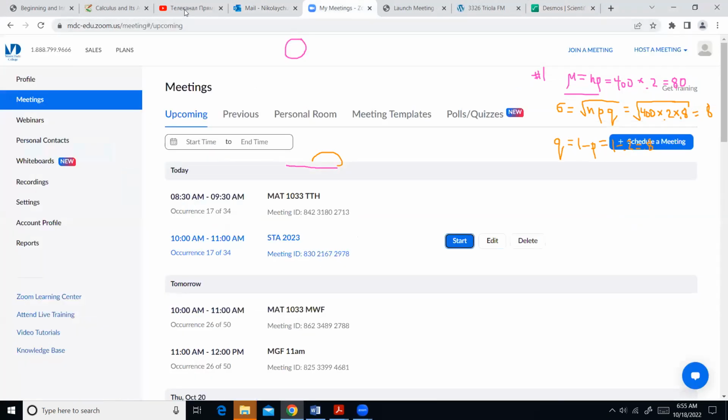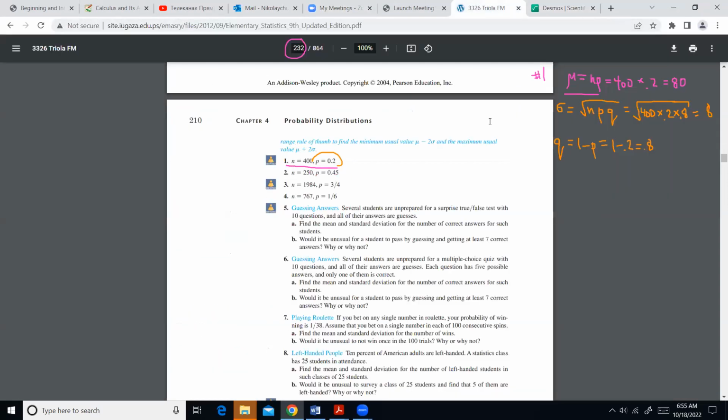So where's my book here. We actually asked in this exercise to look at the mean and 2 standard deviations. So they decided to go from 80, which is a center, the mean for this distribution, to the right by 8, and you get 88, and if you add another 8, it'll be 96, right?